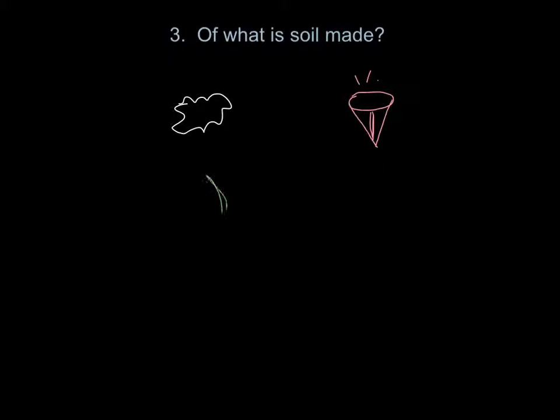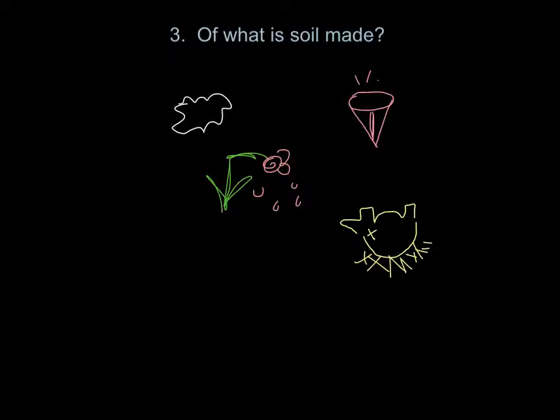So if I have a plant and the flower that was once here is now starting to die, its little petals are going to turn into soil. And it's also made from decayed animals. Make a little hedgehog.